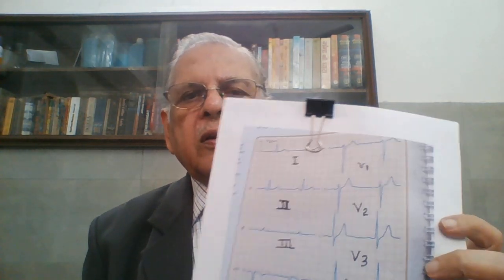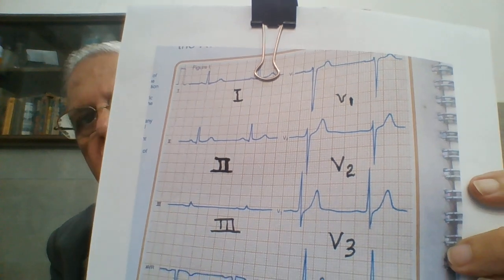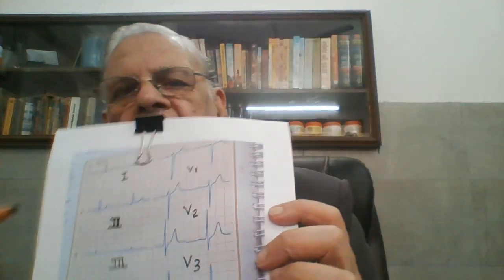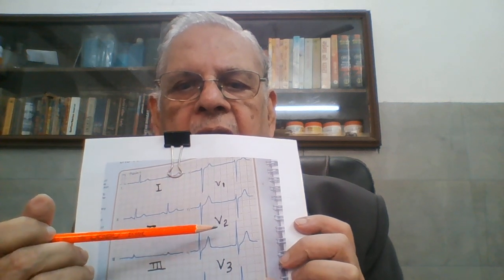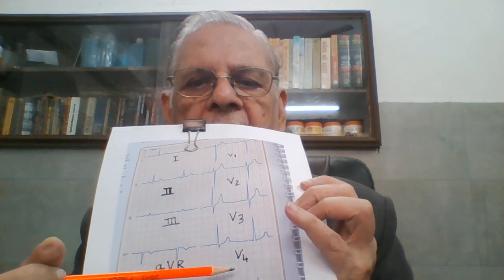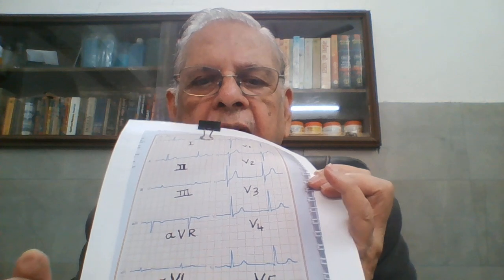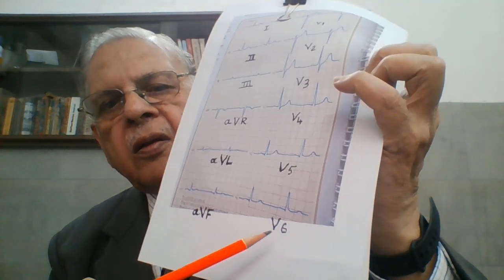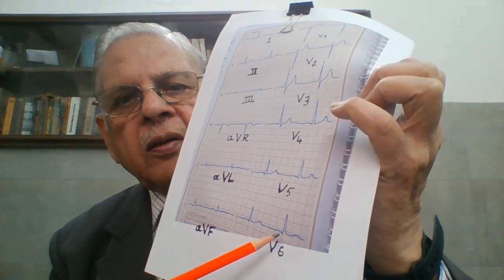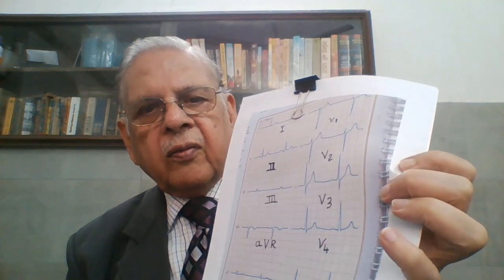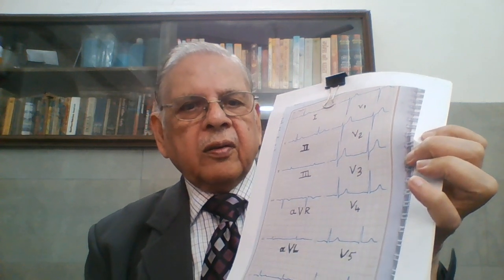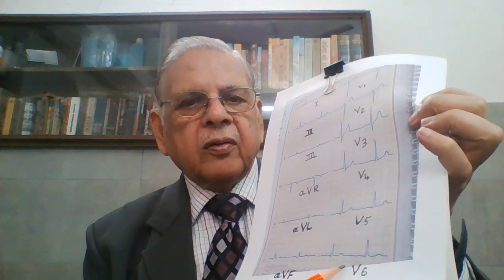See this diagram: V1 is here, V2, V3, V4, and this is V6.